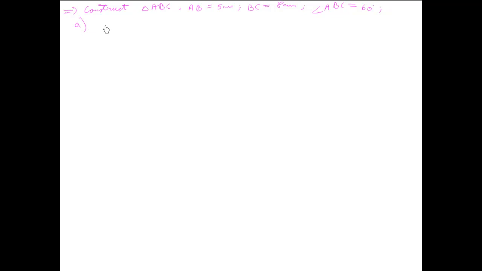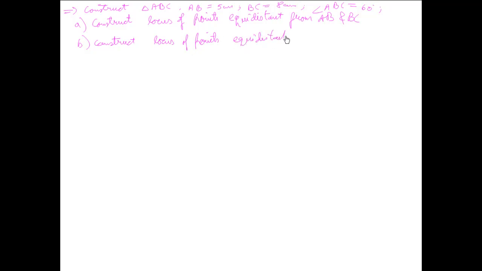Construct the locus of points equidistant from AB and BC. Then the locus of points equidistant from B and C. Mark the intersection as point P.